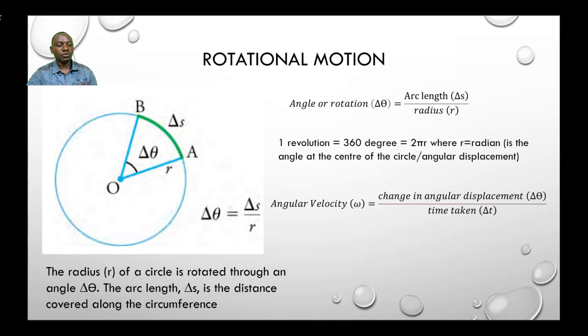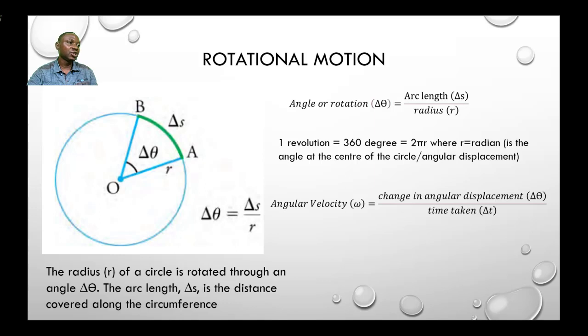So angle of rotation in rotational motion corresponds in linear terms to distance. Angular velocity corresponds to linear velocity. Angular acceleration corresponds to the acceleration of the body.